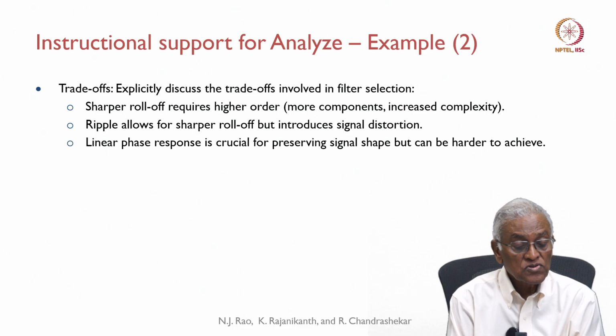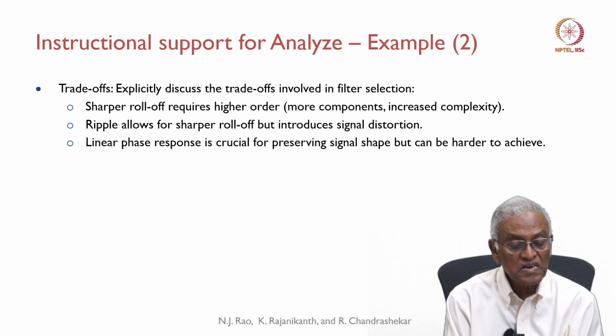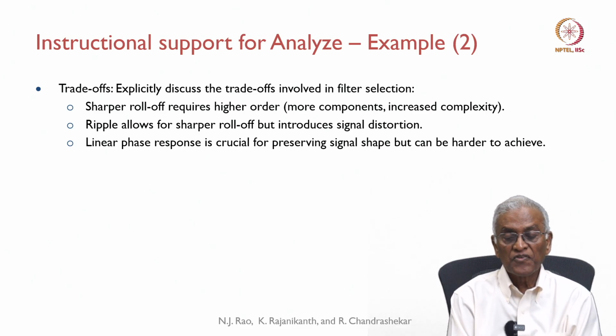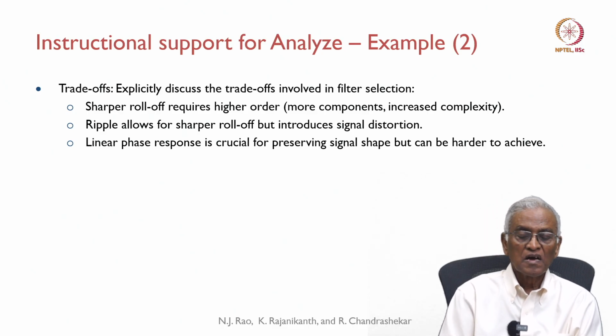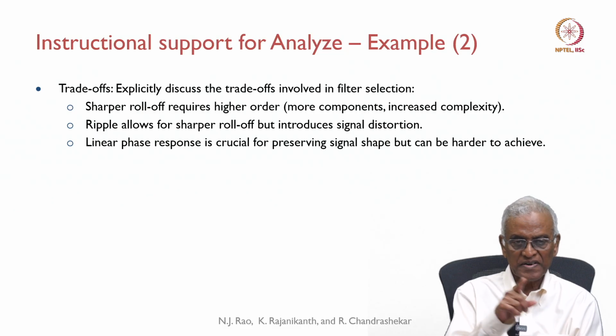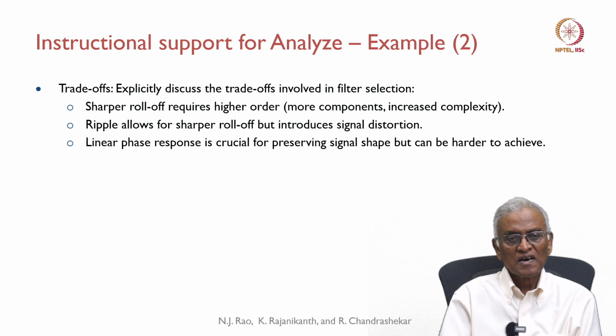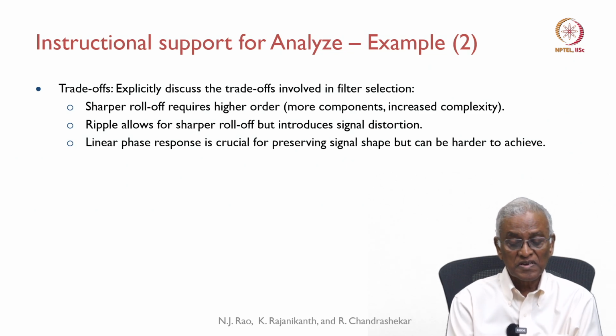And then you go through trade-offs, explicitly discussing the trade-offs involved in filter selection. Sharper roll-off requires higher order. If you want something as close as possible to a complete rectangle with vertical boundaries, then you require higher and higher orders. Ripple allows for sharper roll-off but introduces signal distortion.